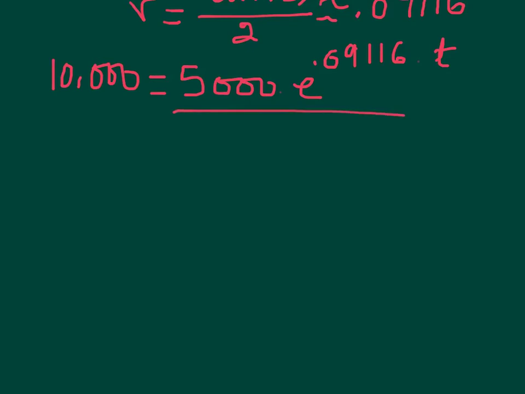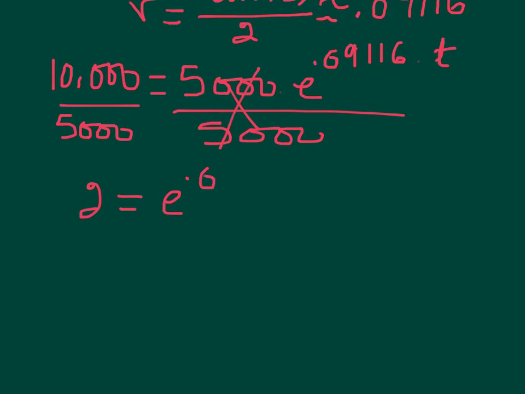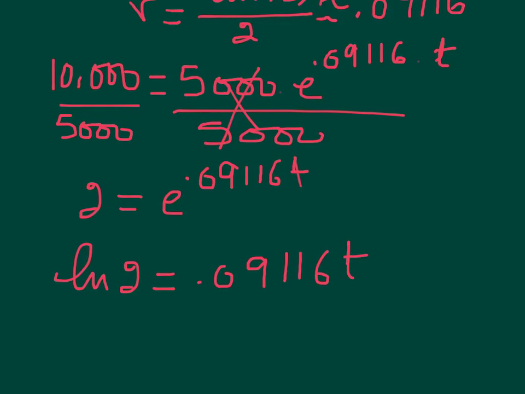If you divide by 5,000 on both sides, you get 2 equal e raised to the 0.09116t. ln both sides and divide by 0.09116, and you will find t to equal about 7.6 hours.